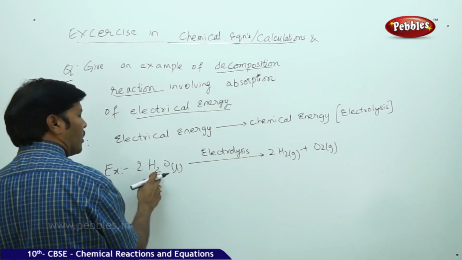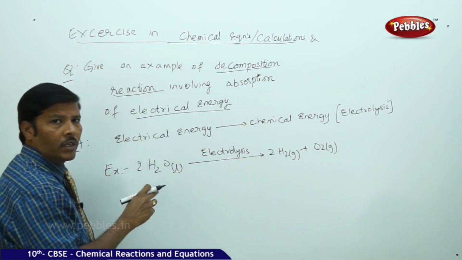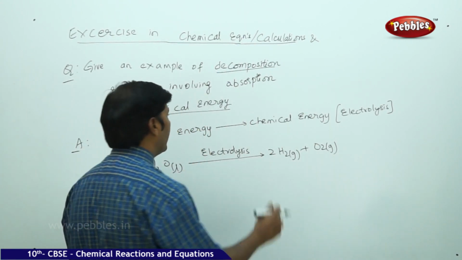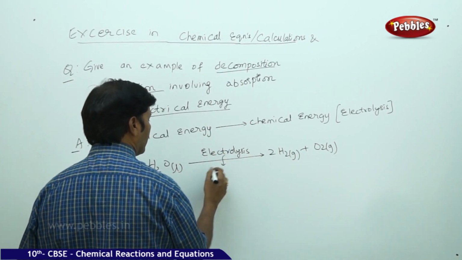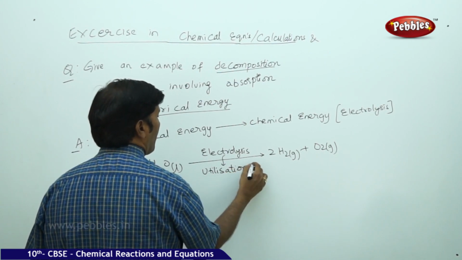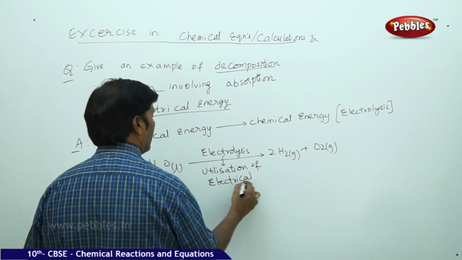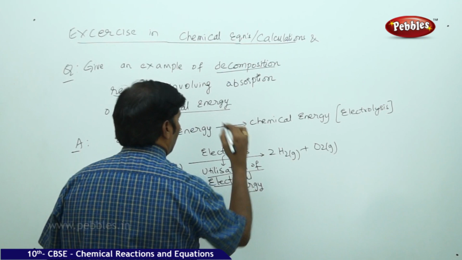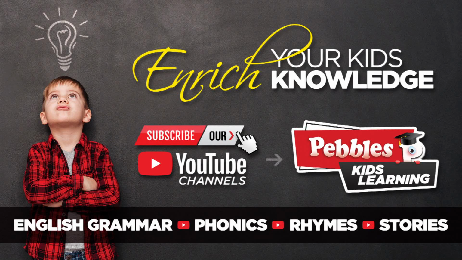So 2 moles of water is getting decomposed to give 2 moles of hydrogen gas and 1 mole of oxygen gas. Here perfectly it is utilizing the electrical energy. Electrolysis involves utilization of electrical energy.